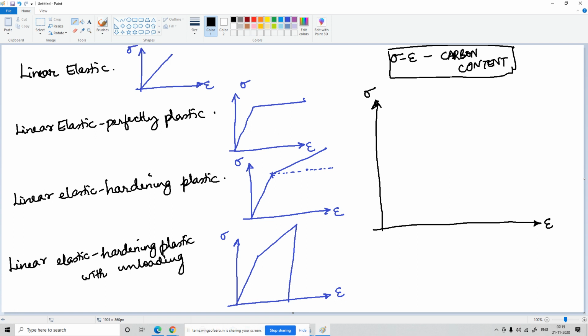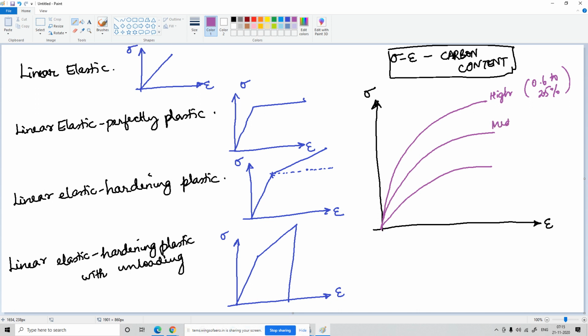We have three different types. When the carbon content is high, it is equivalent to 0.6 to 2.5 percentage. This is a medium, where it consists of 0.3 to 0.6 percentage, and low.